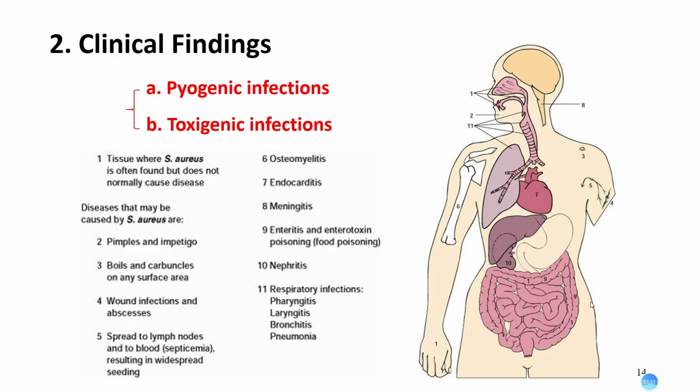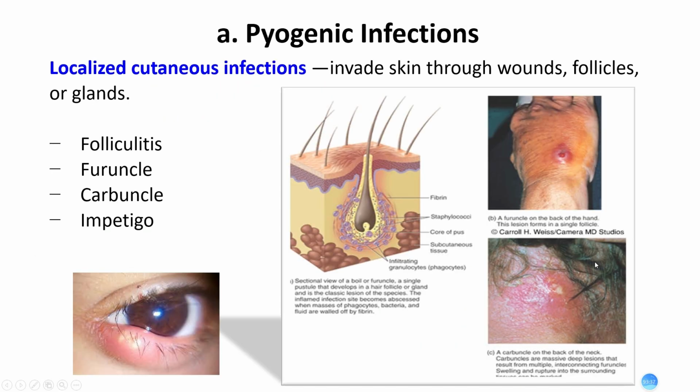It can be a cutaneous infection on the skin. It can also be a systemic infection deep in our body. First, let's see localized cutaneous infection. Because the bacteria invade into our skin through either wounds, follicles, or glands, it can form infection on our skin.